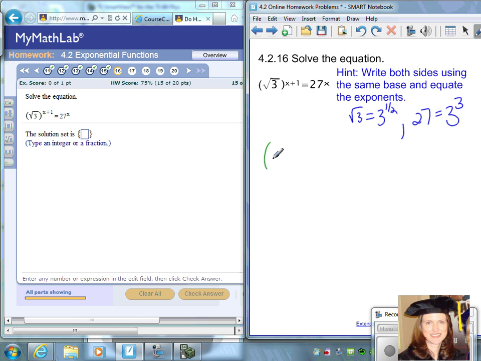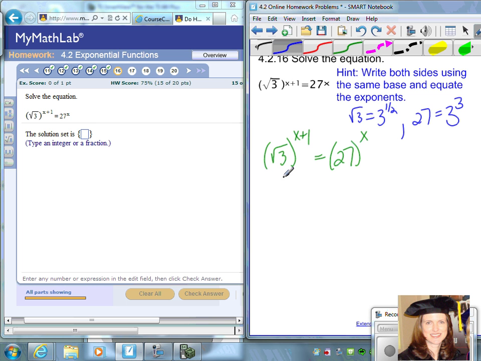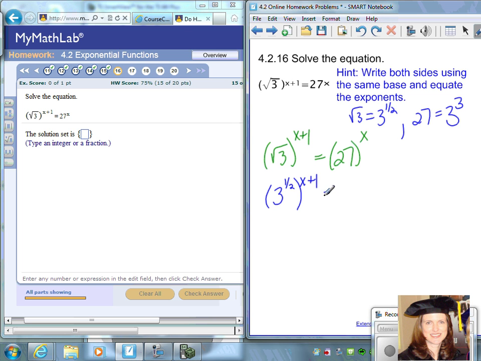So just rewriting the problem, the square root of 3 to the x plus 1 power is equal to 27 to the x power. We're going to replace the square root of 3 with 3 to the 1/2 power, and we're going to replace 27 with 3 to the third power. Now we have a base raised to an exponent to an exponent. Think about those properties of exponents.